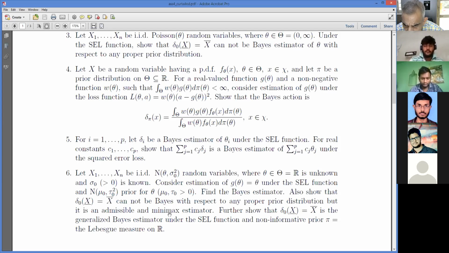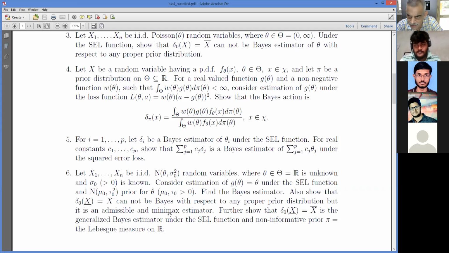No, uniform is not a proper prior distribution on the whole real line, because it will integrate out to infinity. But then I have said you can still talk about the Bayes estimate, which minimizes the integral of L theta, a, f theta x, d pi theta. Now d pi theta in this case is only d theta. So you can still talk about minimizing theta minus a whole squared, f theta x, d theta. And if you do that, it turns out to be X bar. That is what I have shown in the lecture notes.